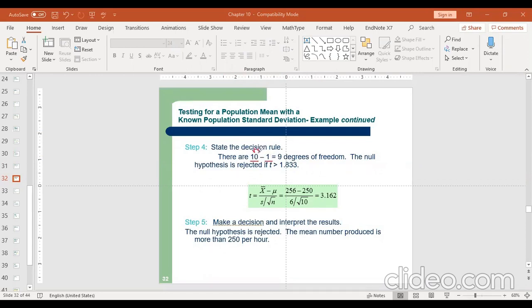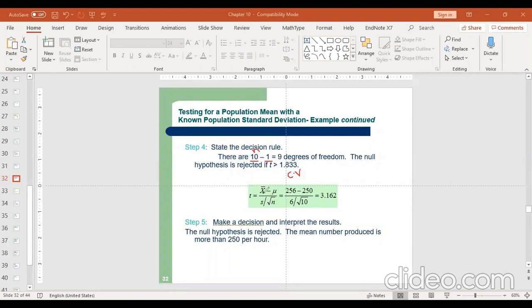We have n hours. The null hypothesis is rejected if t is greater than 1.833. So this 1.833 is a critical value. This critical value is taken from the table.